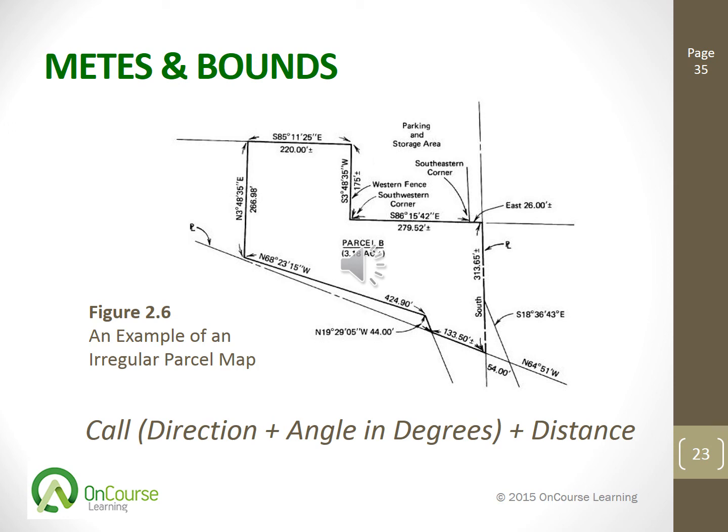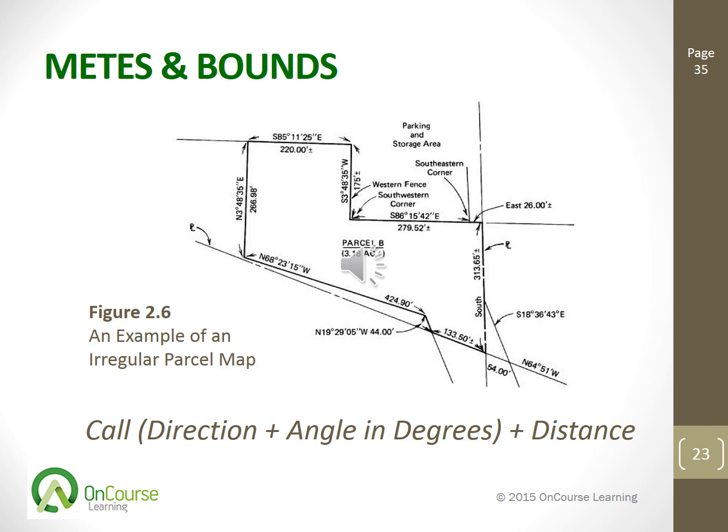Others are not so lucky. Also, if you're really interested and you're looking at figure 2.5 on page 34, you can see the old-fashioned meets and bounds description with the old English writing, and it's a very useful tool. And it's something that you're going to run into as a sales agent, broker, and as an appraiser.